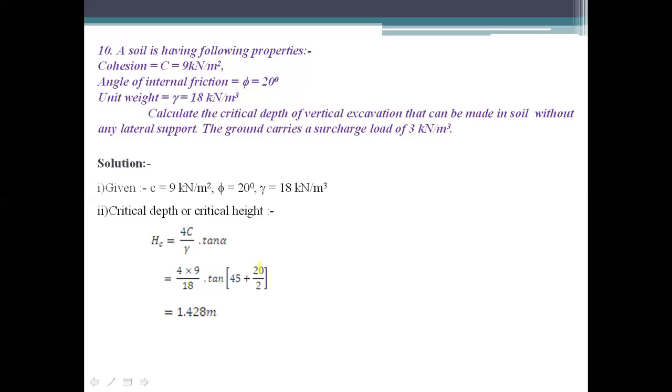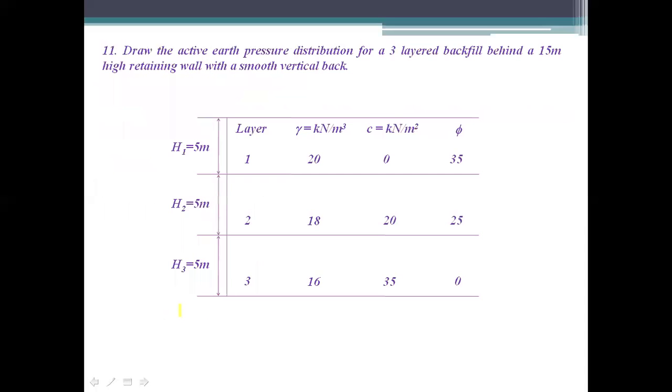So from this problem, there is only one formula, HC equals 4C upon gamma into tan alpha. All the values are given to you. So put the values and get the answer. So your critical depth or critical height is 1.428 meter.